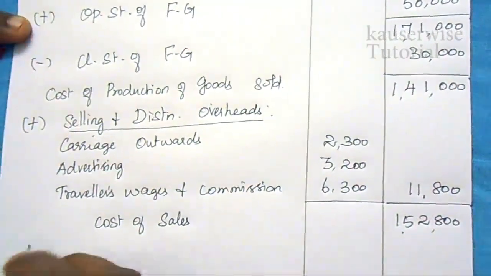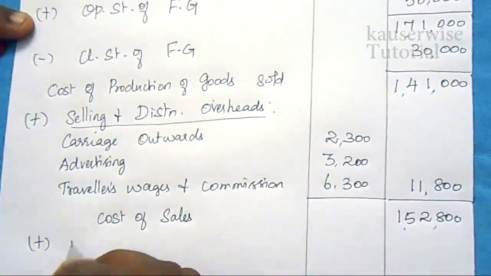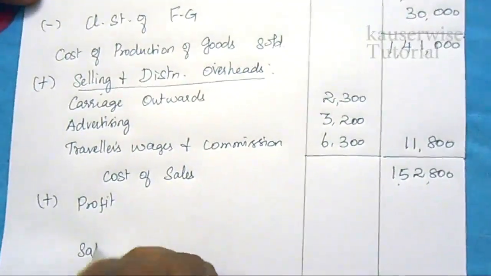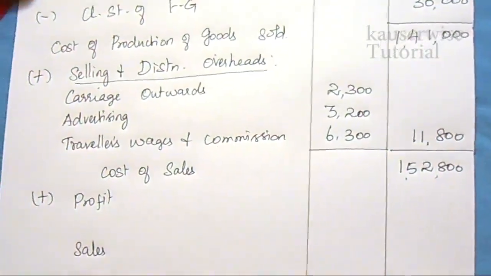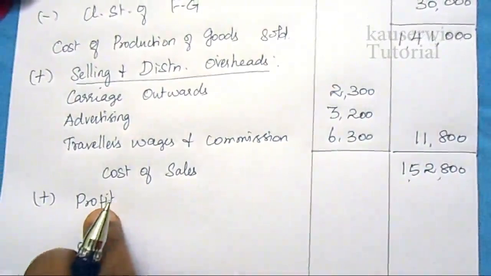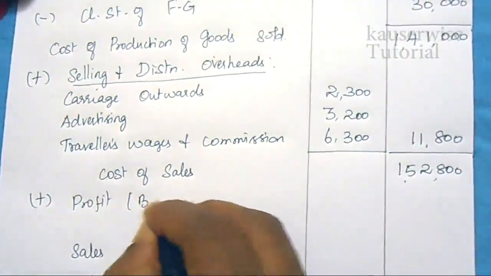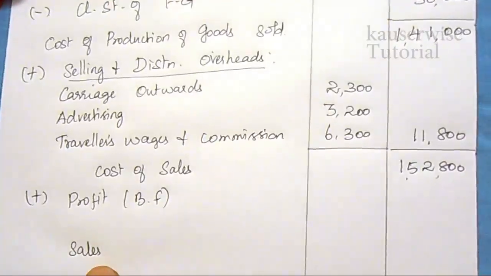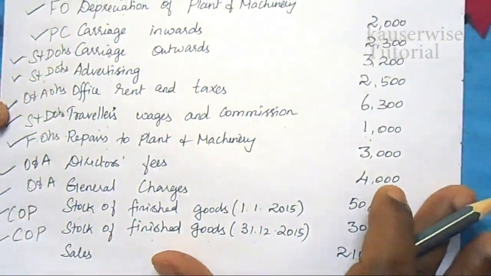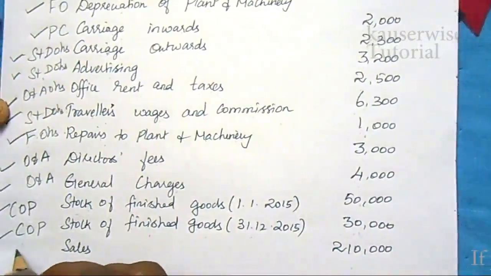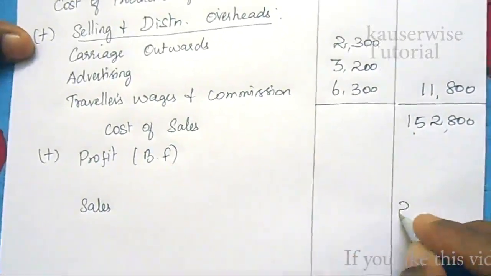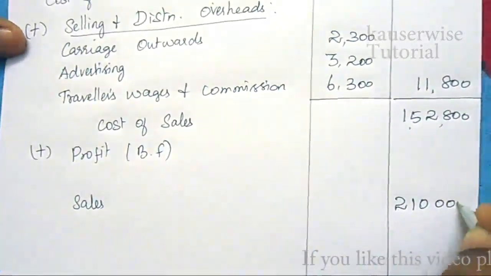Now we need to add profit to find selling price. But in this problem, sales value is given. The balancing figure will be the profit. So far we have entered all the expenses. Finally, we need to record sales. Sales 2,10,000.